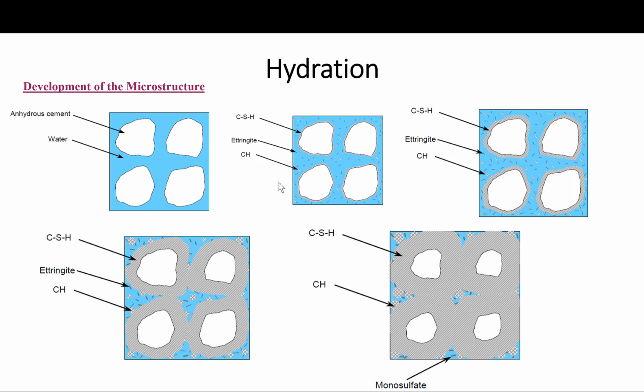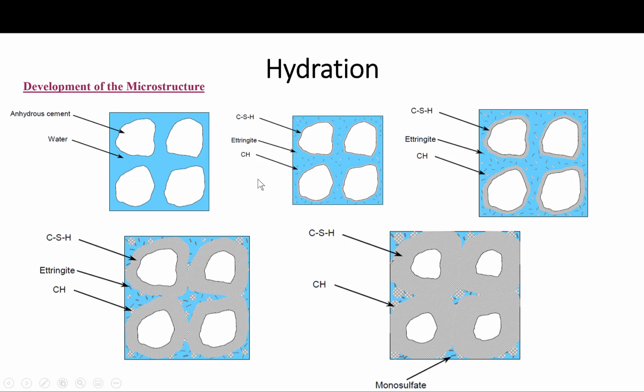Within a few minutes of the cement hydration, the needle-shaped crystals of calcium trisulfo-aluminate hydrate, which we refer to as ettringite, first make their appearance, as you can see here.